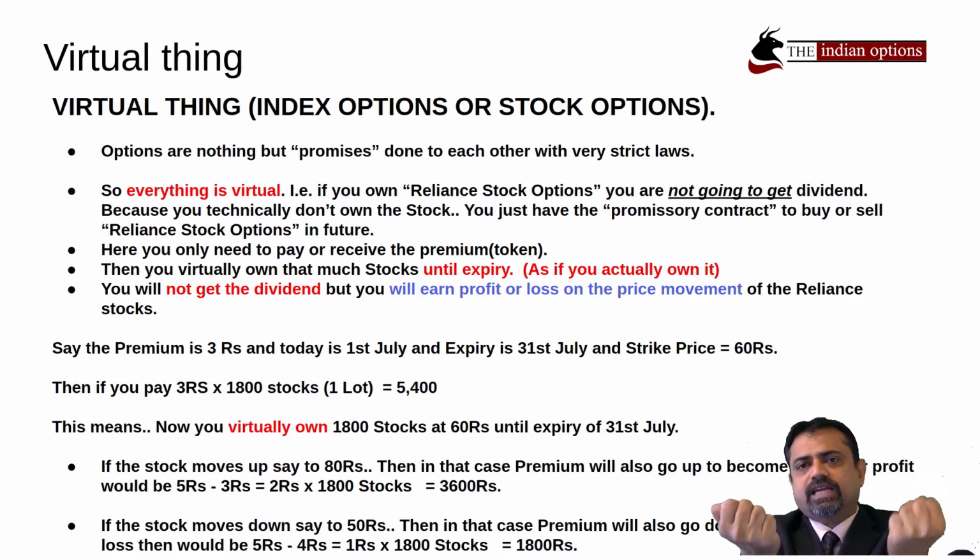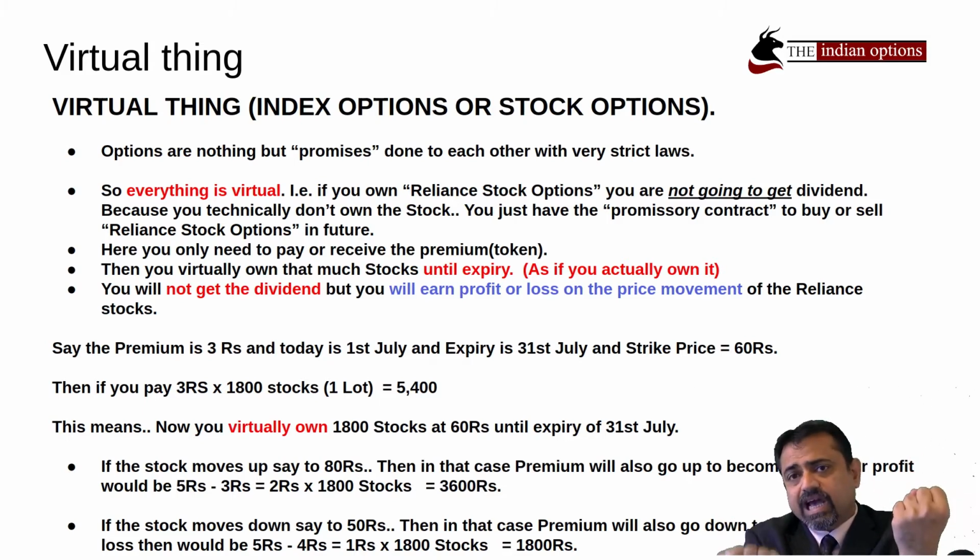Which means that here you have got a 10% increase in your portfolio, but here your portfolio has increased almost 3 times, because you only invested 5,400, you got one lot, that is 1800, and now if the movement is 10 rupees, you have made 18,000 rupees. That is almost like 3.5 times or 3 times more money.